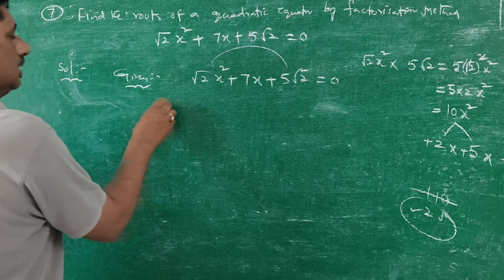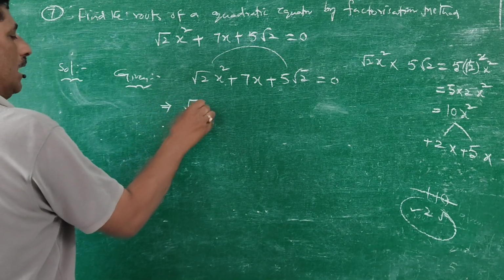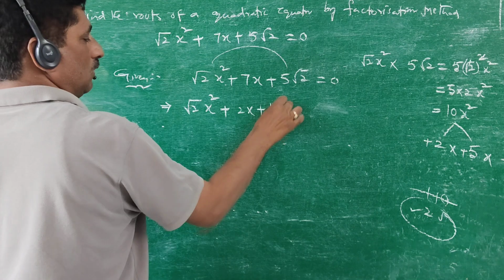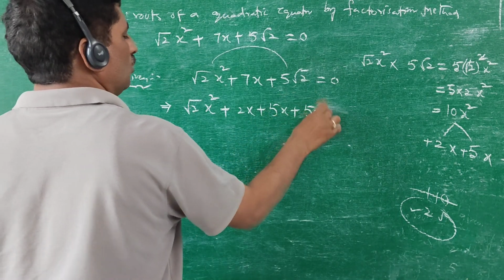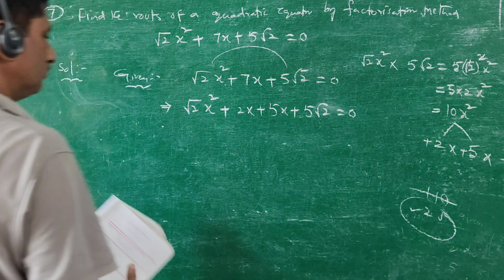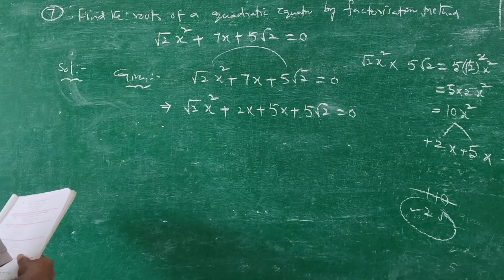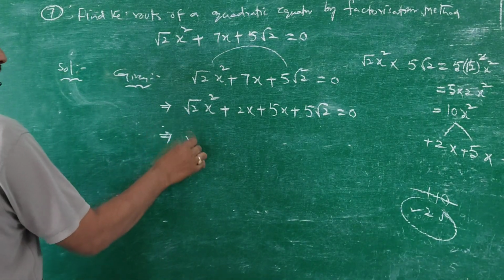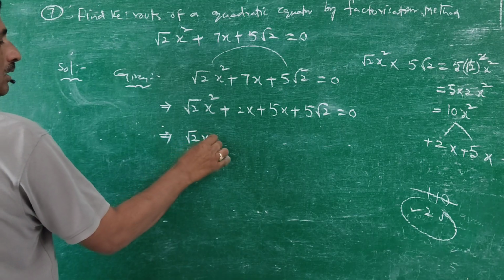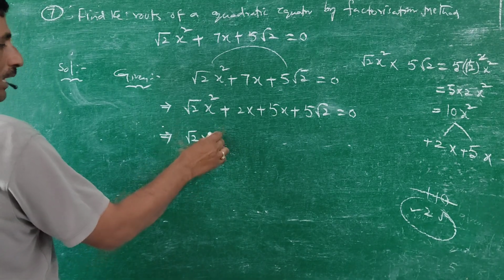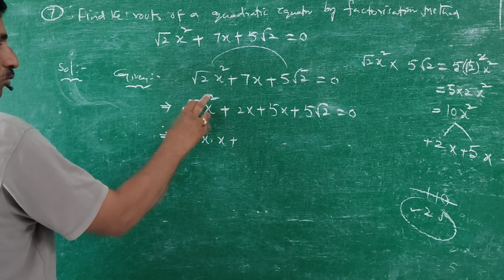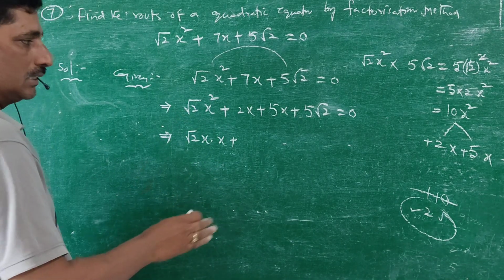Now I write root 2 x square plus 2x plus 5x plus 5 root 2 equals 0. Right? Now we can write root 2x into x for this term: root 2 x x square, x into x, root 2 as it is.